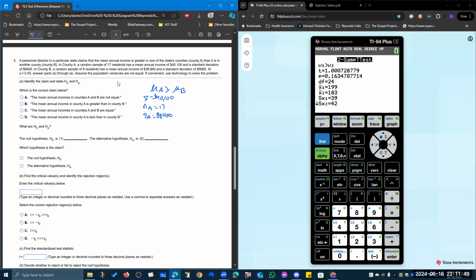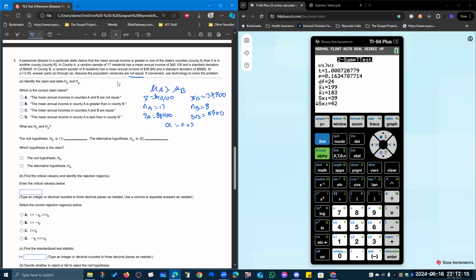And in County B, a random sample of 8 residents has a mean annual income of $38,900 and SB is 5,900. Alpha equals 0.05.